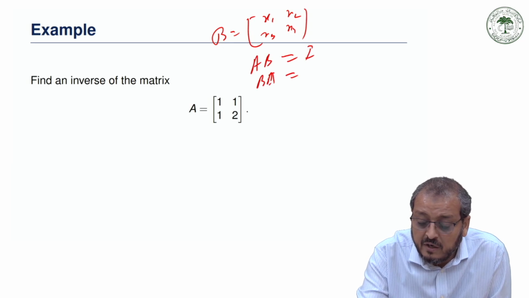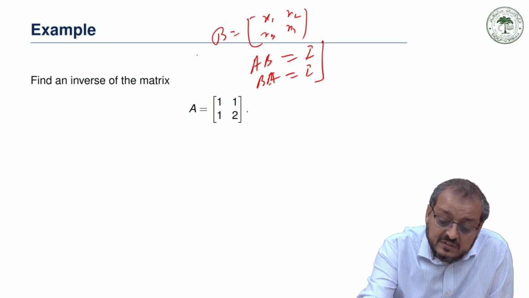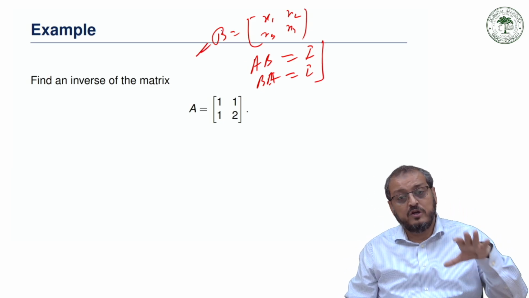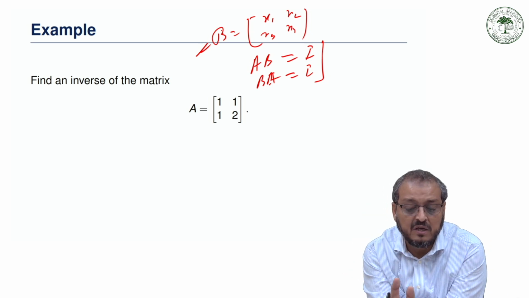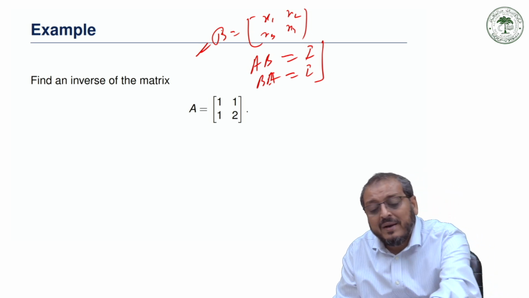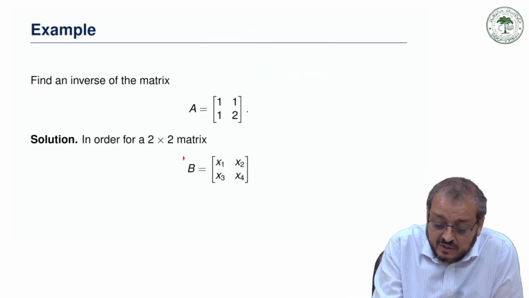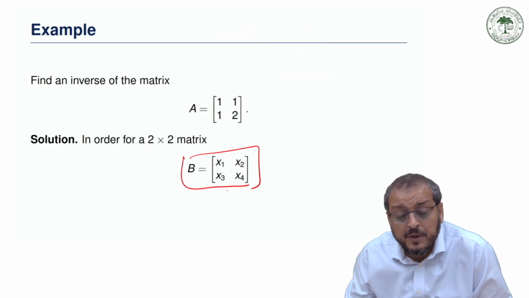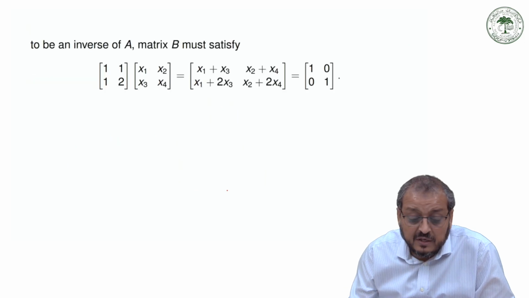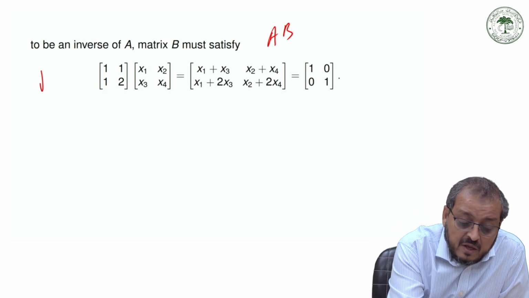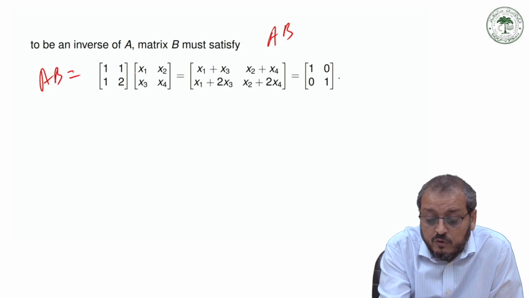If this is happening, then this B is the inverse of A. So to find the inverse of a matrix, we assume that A is invertible and the inverse of A exists. For a 2 by 2 matrix, we take this 2 by 2 matrix as B. Now we try to find the AB matrix, so we have A and B, and we have to take the product.